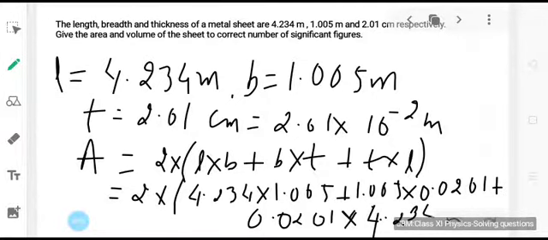This we need to calculate. These many square meter.